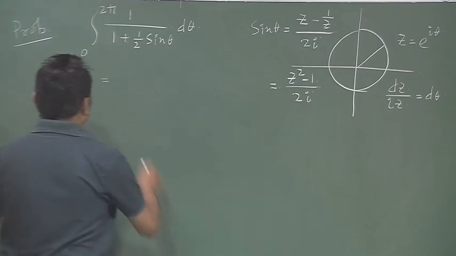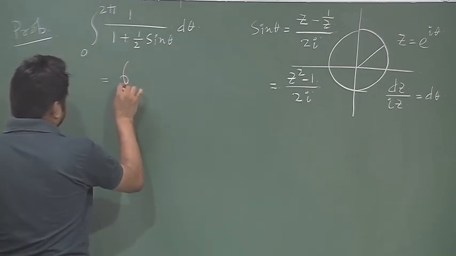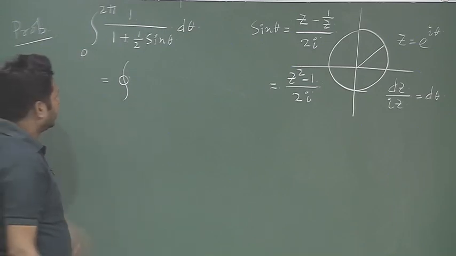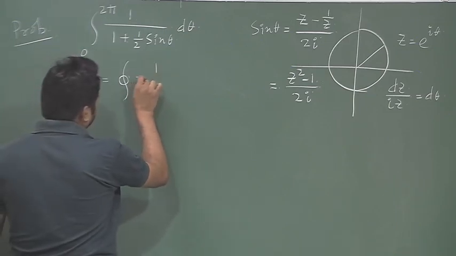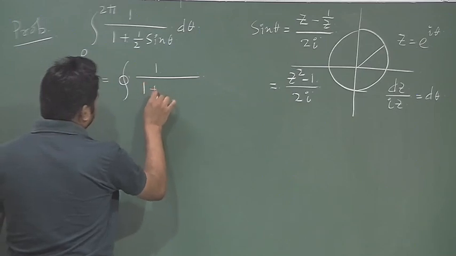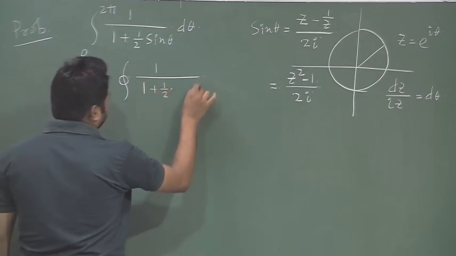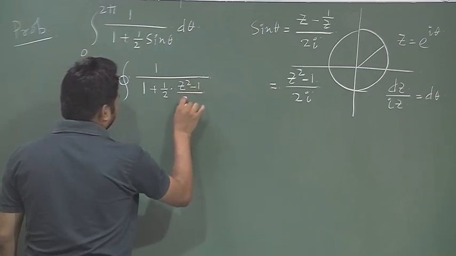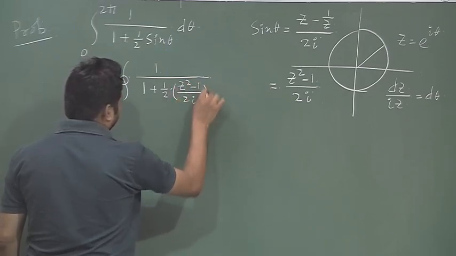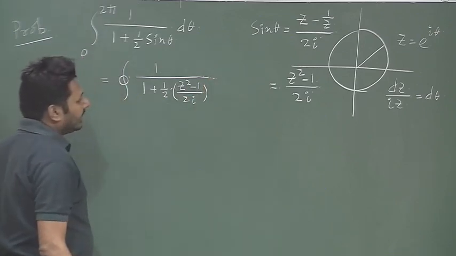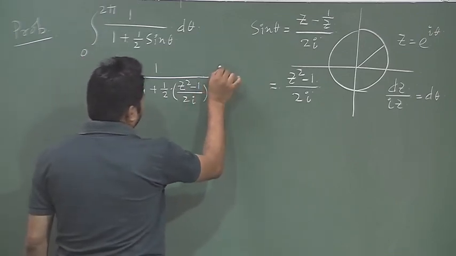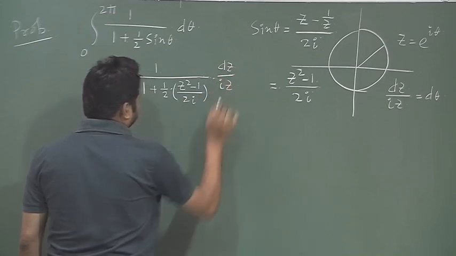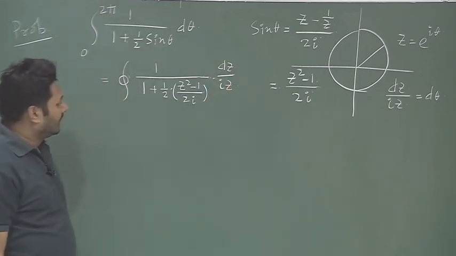So, if I do that, then this integration will be converted to the contour integration, where the function is 1 plus half sin theta, with sin theta as z square minus 1 divided by 2i z, and d theta will be replaced as dz by iz.